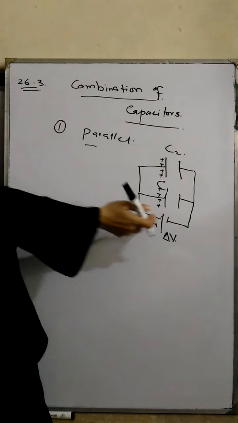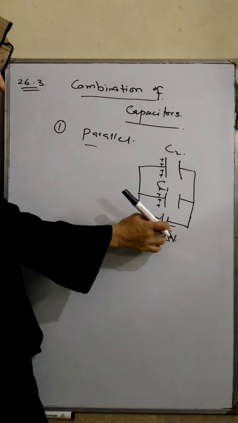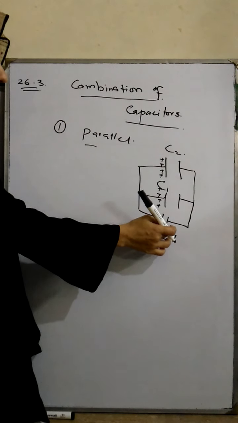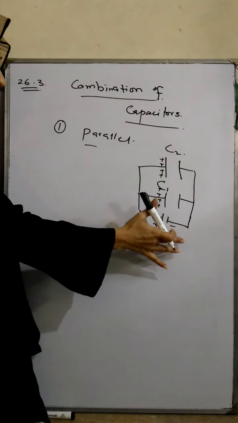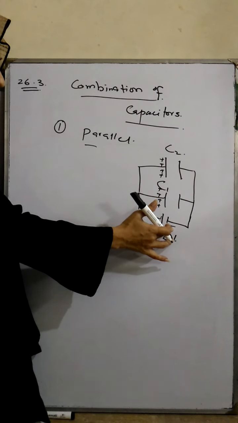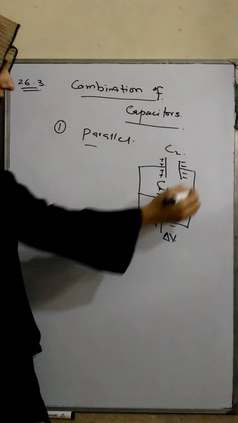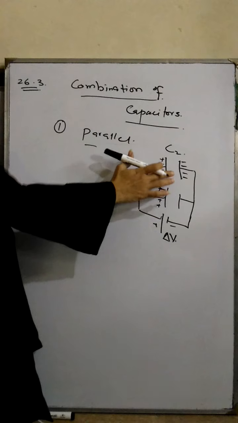Now on the right side I have the negative terminal of the battery and this conducting plate is connected to the negative side of the battery. So naturally all the positive charges, they will be attracted towards the negative terminal of the battery, leaving the negative charges on the conducting plate.